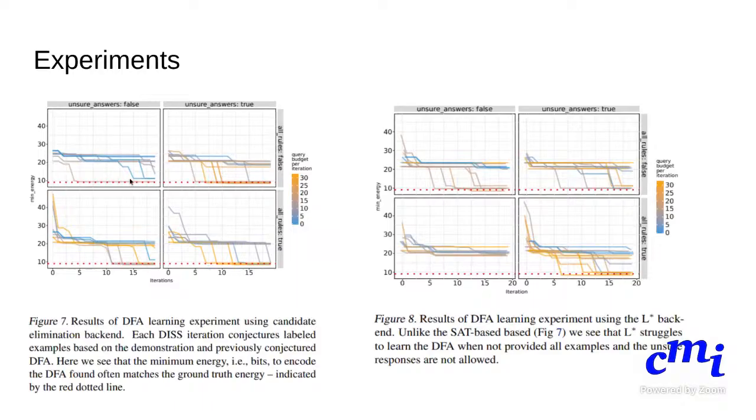I'm comparing this top left-hand corner and this bottom left-hand corner, these two on the right side. Why is it that none of the red ones, when your query budget is high, are reaching the red line?